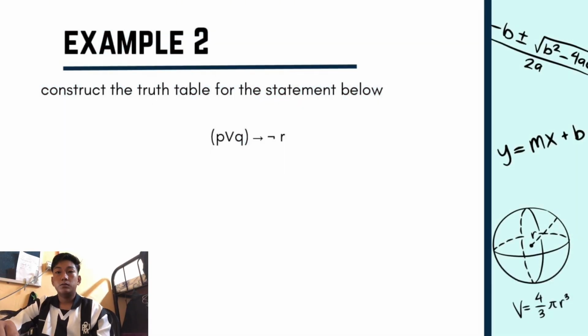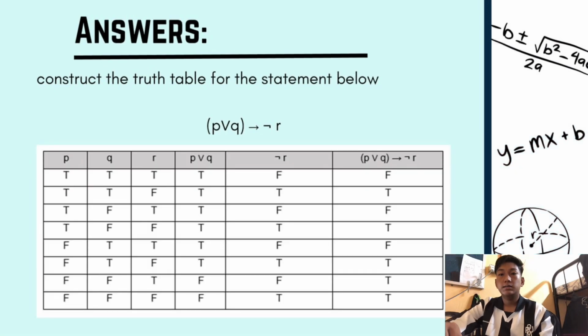Next, example 2. Construct the truth table for the statement below: if P or Q, then not R. For the answer, P is true, true, true, true, false, false, false, false. And then Q, true, true, false, false, true, true, false, false.